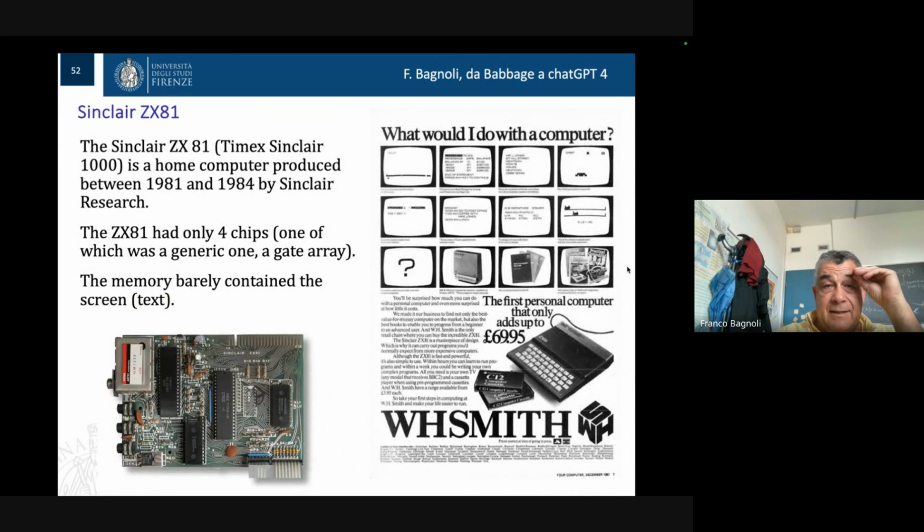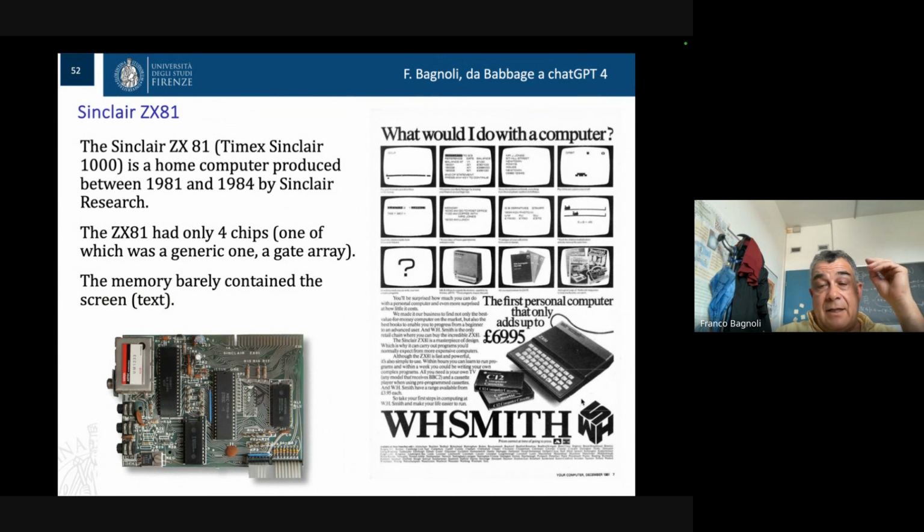And the Sinclair, the first ZX81 and then the Spectrum, was one of the most advanced things, because you can see here that it had only 4 chips, where everything was shrunk together, and it cost very little.